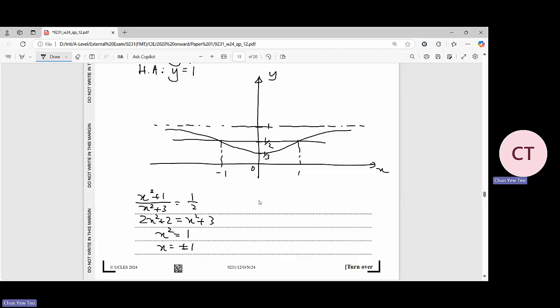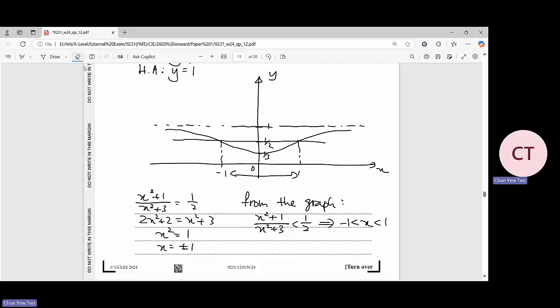Okay, so from the graph, the solution for this inequality will give you x only between these two values.